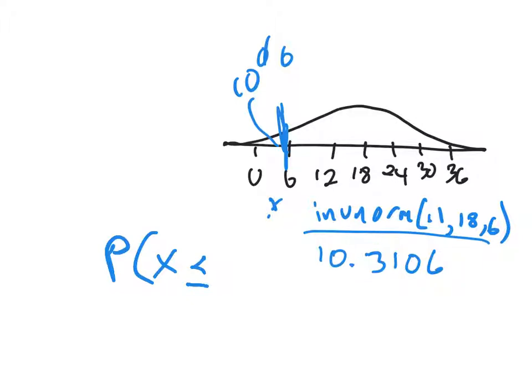That x is less than or equal to 10.3. That's what I should have put. X is less than or equal to 10.3106 will be 10%. So let's just call it a 10.